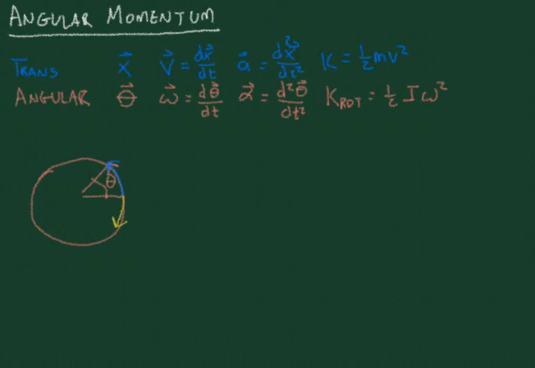So we also had this quantity I that we said behaves like mass. But now think about what we used in our analogy for the moment of inertia. We said momentum, and we said that mass in this case is really telling us how much something resists having its momentum changed.